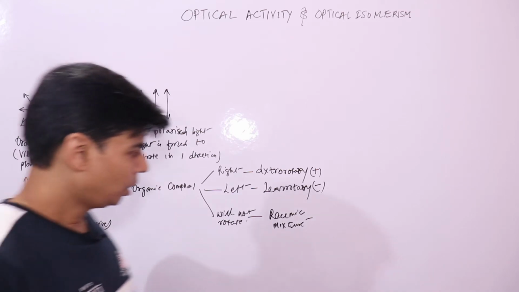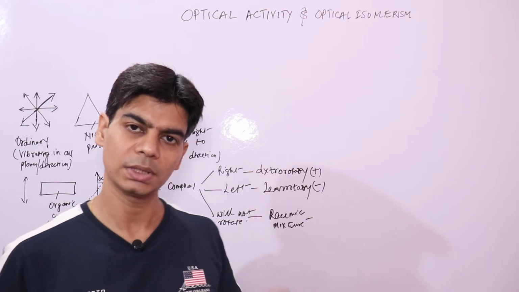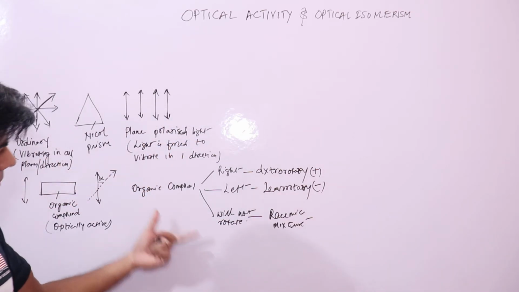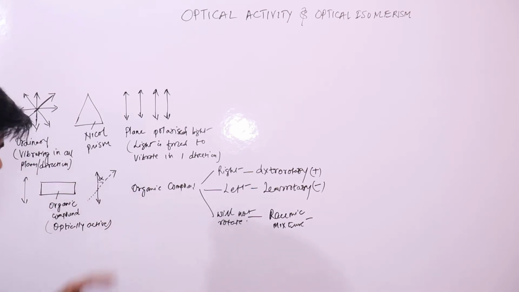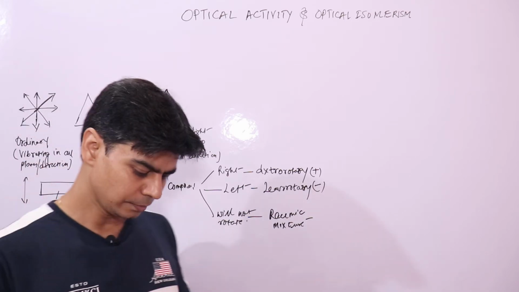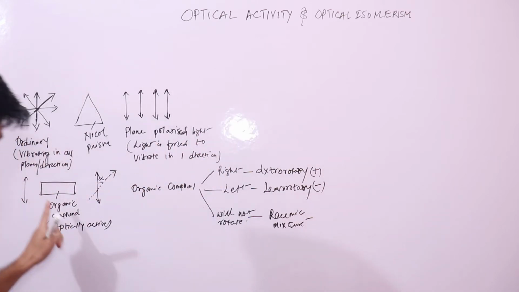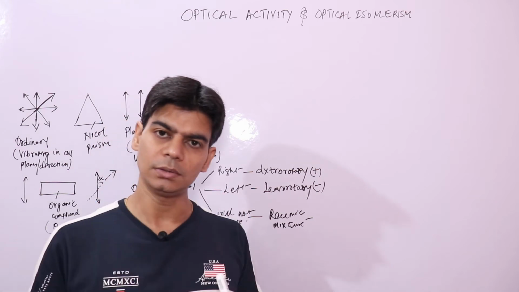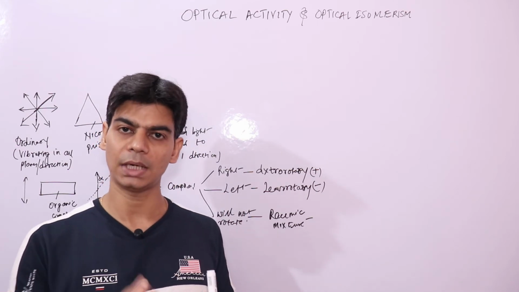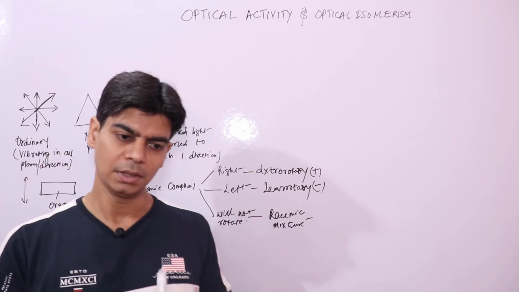Now, what is the reason that these organic compounds are rotating the plane of polarized light, right? The reason is there must be something in the molecules of the solution which is contained in this tube. So that organic compound in this solution is rotating the plane of polarized light.